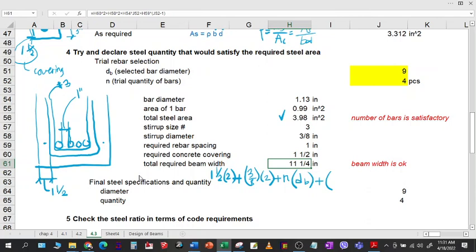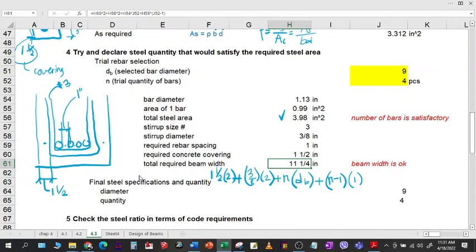It's always 1 less than the quantity. We have 4 rebars, so the spaces are 1, 2, 3. So that will be n minus 1 times 1 inch, because that is the standard spacing in between rebars.